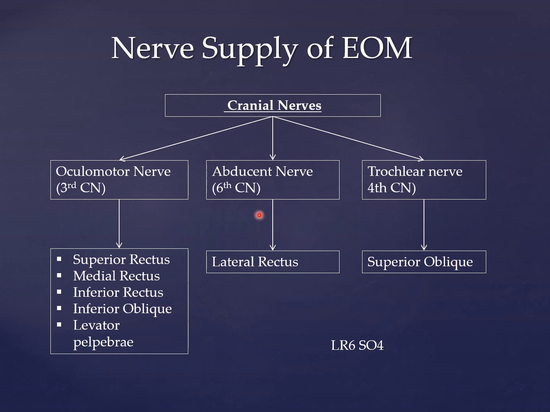Lateral rectus is supplied by the sixth cranial nerve and the superior oblique is supplied by the trochlear nerve, which is the fourth cranial nerve. You can remember this with this formula: LR6SO4. Lateral rectus from the sixth nerve and superior oblique from the fourth nerve.